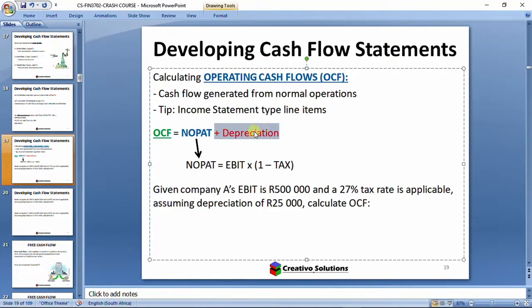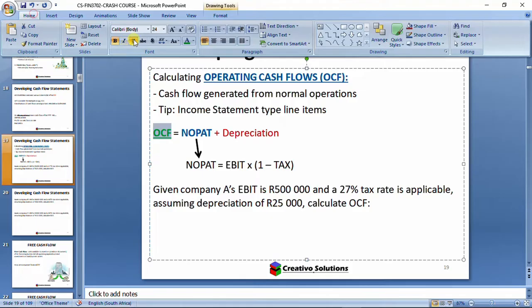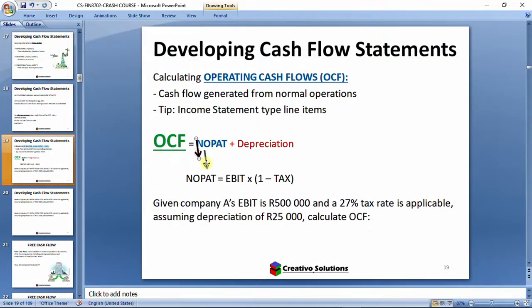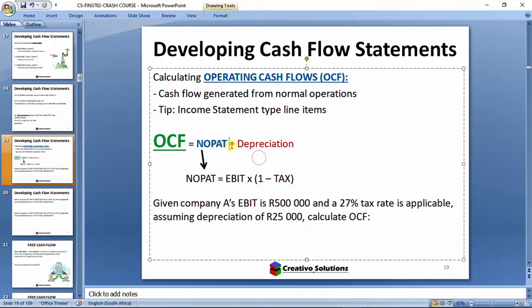That's fine because it affects your profit for the year, which will be lower because of the tax benefit of writing off depreciation. But when I'm looking at OCF, I don't care about the actual depreciation being part of the working. We need to remove it, so by removing it, I need to add it back. You have to add back the depreciation always.